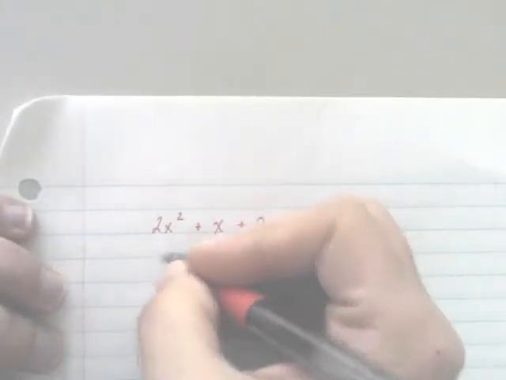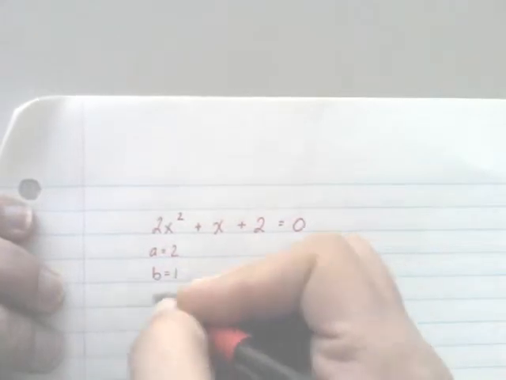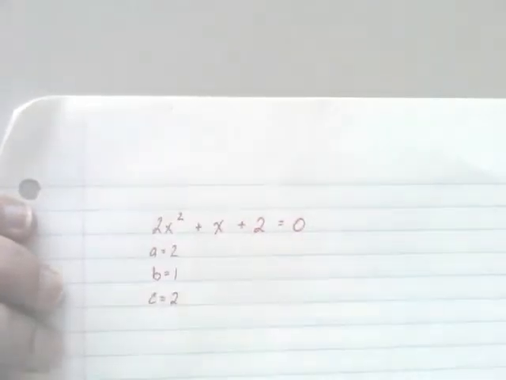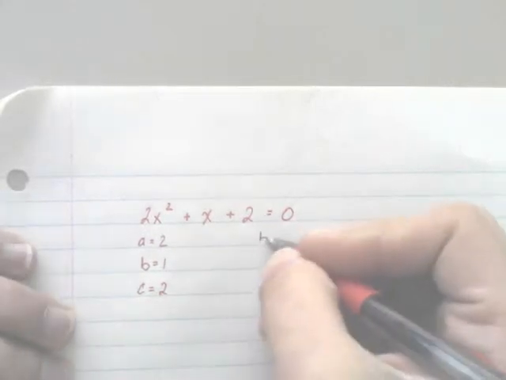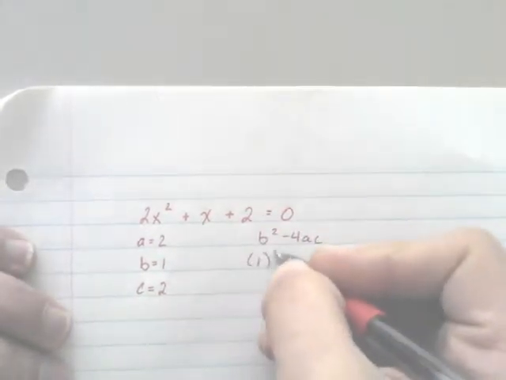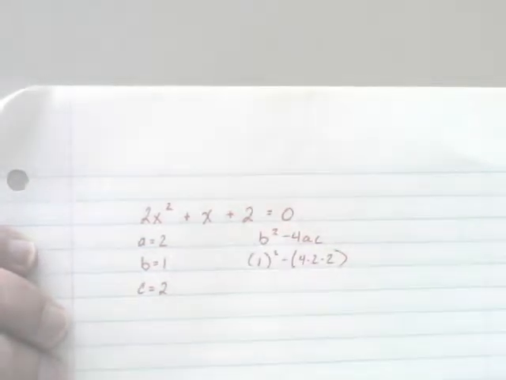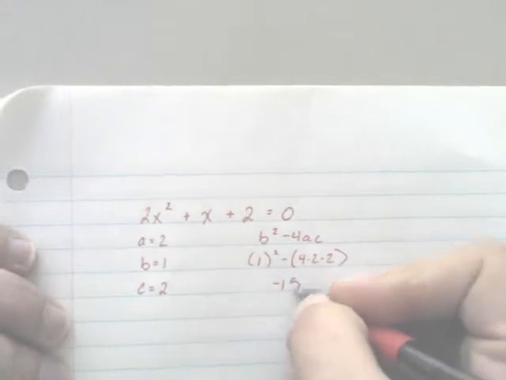Okay? So I'm going to use the quadratic formula. a is 2, b is 1, c is 2. Okay, I'm going to find my discriminant, b squared minus 4ac, which is 1 squared minus 4 times 2 times 2. So that's -15.